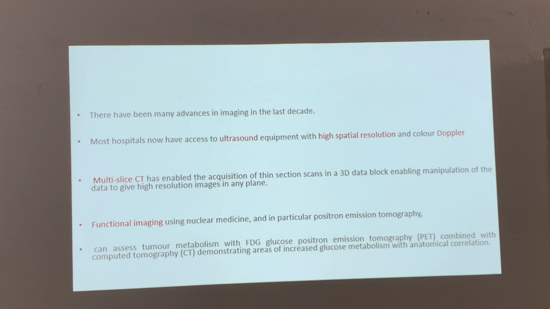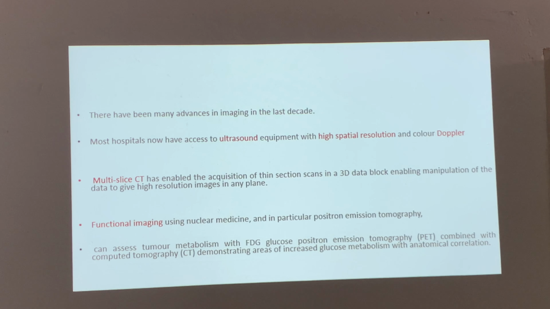There have been many advances in imaging in the last decade. Most hospitals now have access to ultrasound equipment with high spatial resolution and color Doppler. Multi-slice CT has enabled the acquisition of thin section scans in a 3D data block, enabling manipulation of the data to give high resolution images in any plane.